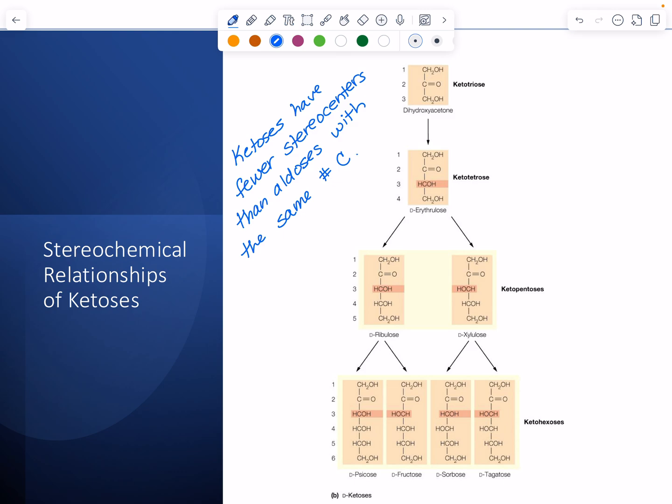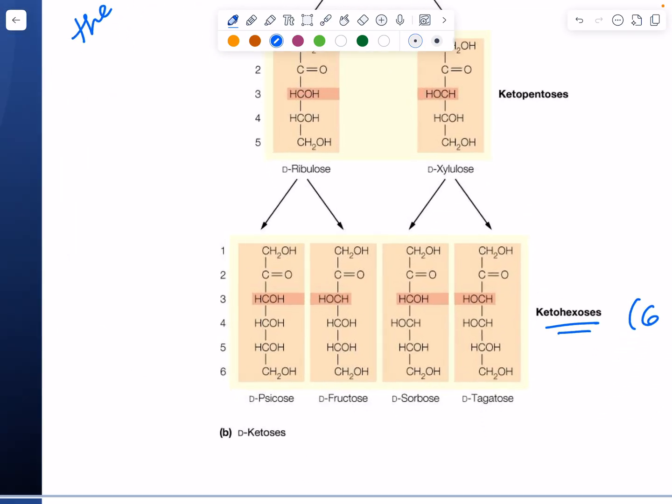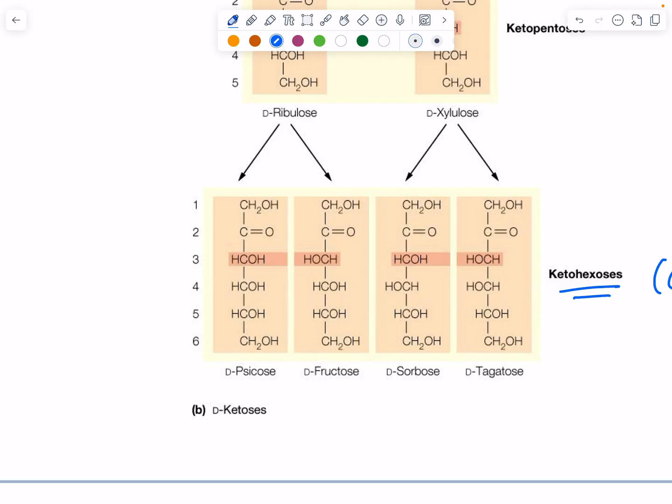For ketohexoses, when we have 6 carbons, we have 4 different D stereoisomers. I'm going to zoom in on those for a second. You'll notice all of these are D isomers. There's going to be another 4 that are L isomers.